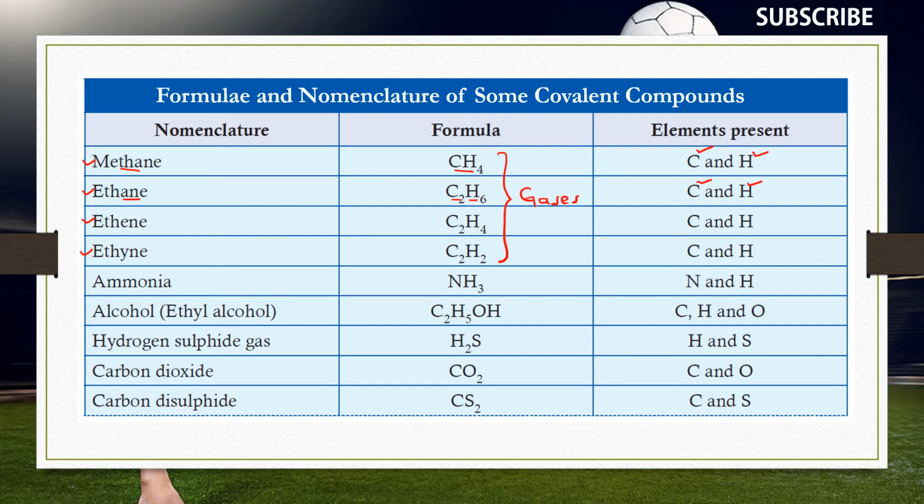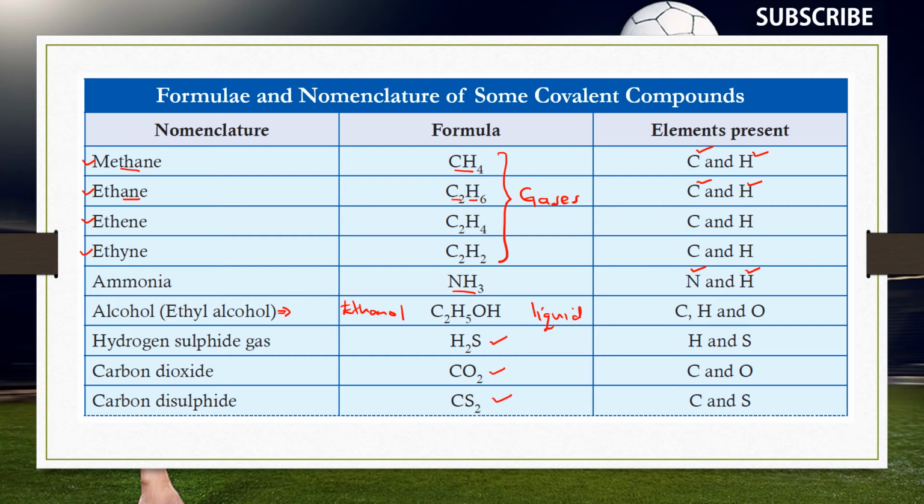Remember, in our ionic compounds, we basically had solids. We go to ammonia. Ammonia, we have nitrogen and hydrogen. They are also nonmetals, so they will share. We have our alcohol, ethanol. This is also a covalent compound. This is a liquid. We have hydrogen sulfide, which is a gas, carbon dioxide gas, carbon disulfide, and so on.